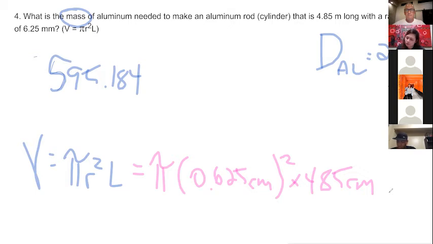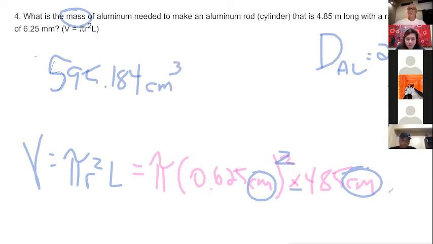Would it be centimeters cubed? It would be, right, because we have centimeters here, and we've squared that. So we've multiplied centimeters by centimeters, and then again by centimeters. That's 3 of them, so that's centimeters cubed.